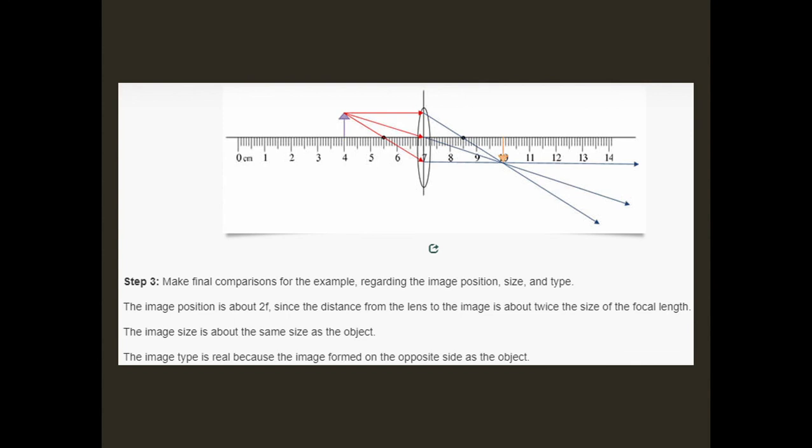And we can notice the distance from the object at first. You can notice that from the object, which will be the purple arrow that is in number 4, to the first focal length, we will have 1.5. All right. And what happens to the distance from the second focal point to the resulting image?